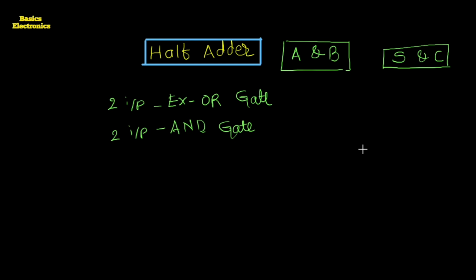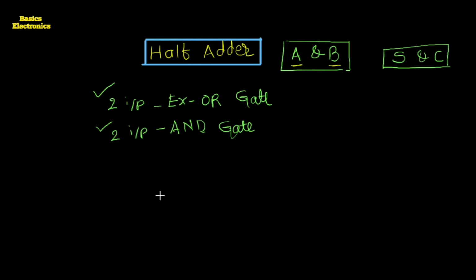Now one question arises again. The XOR gate has 2 inputs and the AND gate also has 2 inputs, but the logic circuit we have to construct has only 2 inputs, A and B. So we can say the common inputs have to be applied to the XOR gate as well as the AND gate.